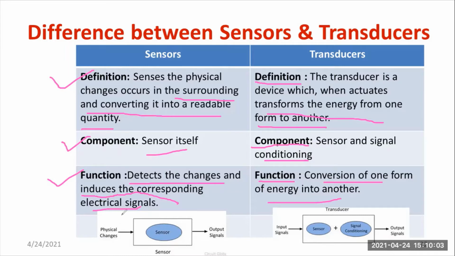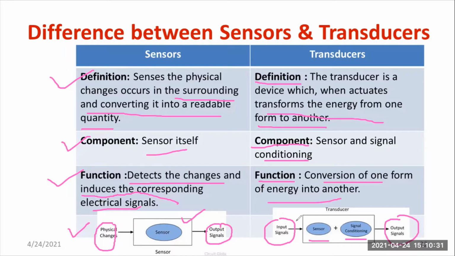Now, let us look at the block diagram of the sensor. As you can see, the sensor itself is an element. Based on the physical changes, you get the readable output quantities. That is exactly what happens in a sensor. But in a transducer, there is a sensing element and a signal conditioning unit. The input signal is converted into a measurable output quantity, say in the form of an electrical quantity.